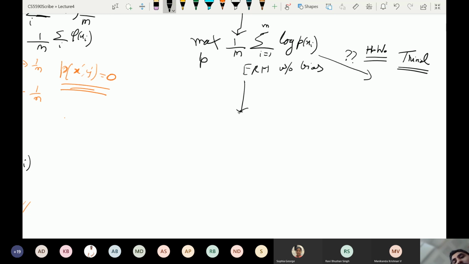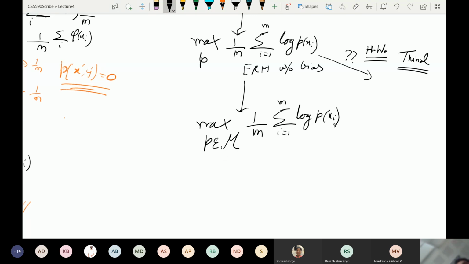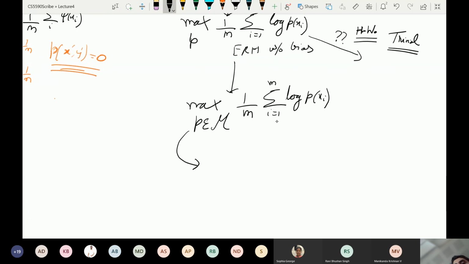So what will you do? You will introduce a bias. You will say I'll only search within a model, not within all possible models, and I'll search for those that maximize the sum of the log of the likelihoods. Now you can also simplify this further. What is a summation of logs?